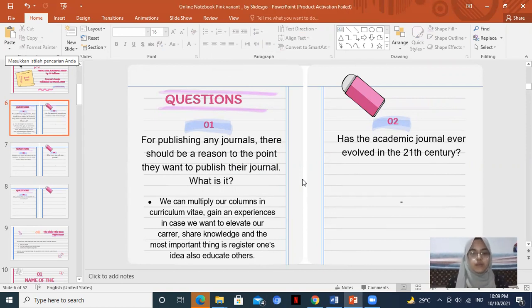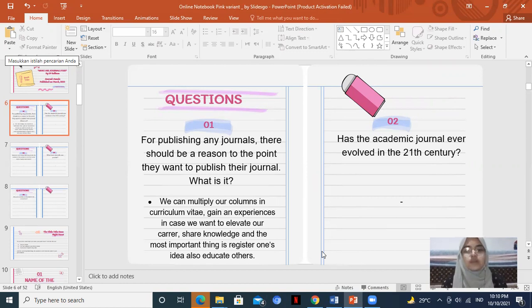The answer in my words is, we can multiply our columns in curriculum vitae, gain experiences in case we want to elevate our career, share knowledge, and the most important thing is to register one's idea and also educate others.